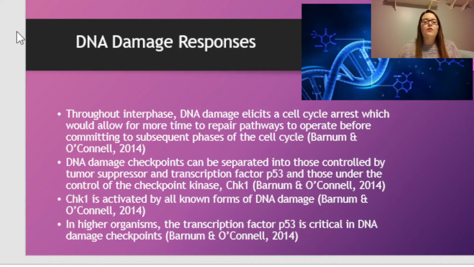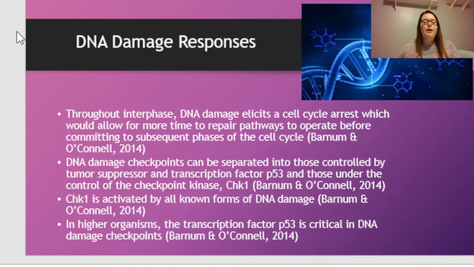First, they can be separated into those controlled by the tumor suppressor and transcription factor P53, or they can be categorized under those controlled by the checkpoint kinase known as CHK1. What's important about CHK1 is that it can be activated by all known forms of DNA damage, which is crucial.